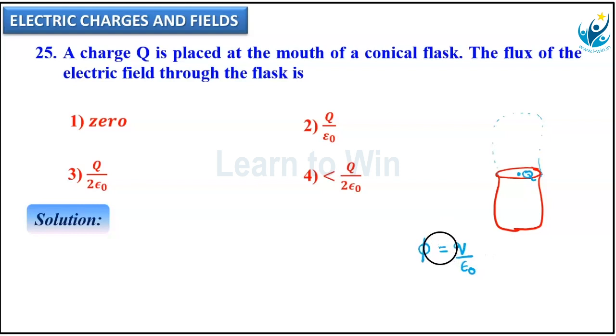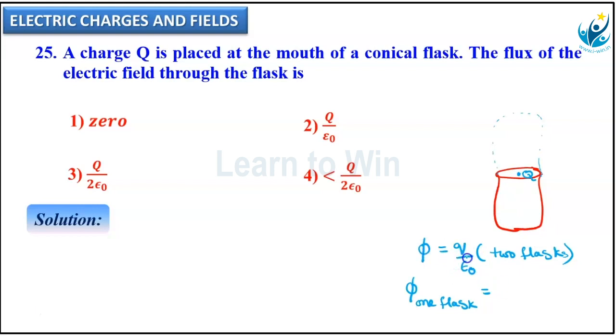This flux is linked with two flasks. Now the flux through each flask, that is, flux for one flask: for two flasks, flux is Q by epsilon naught.